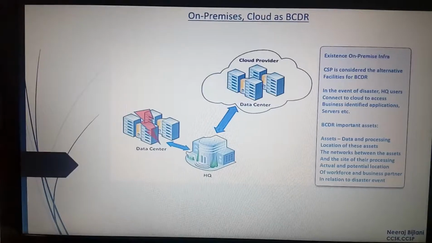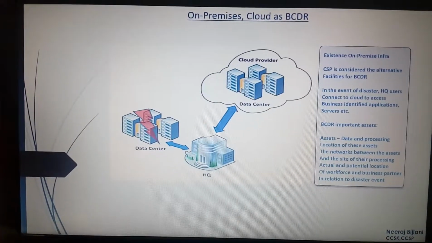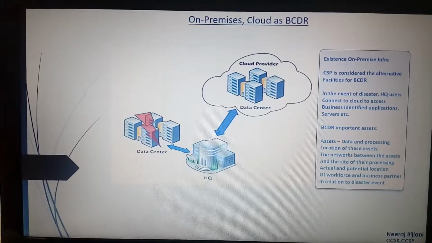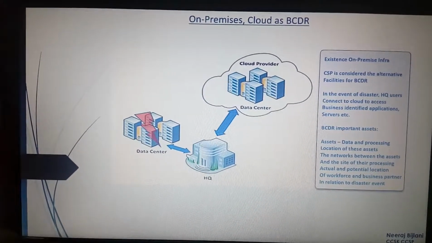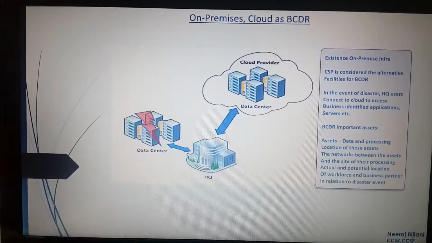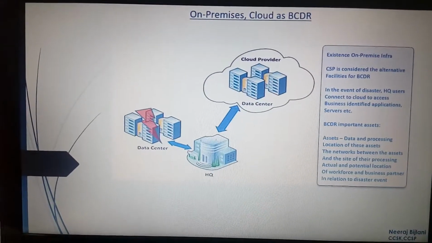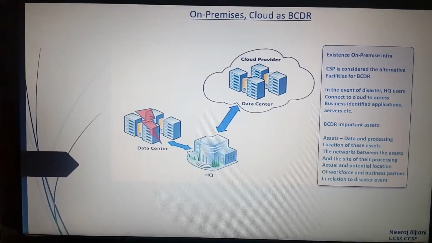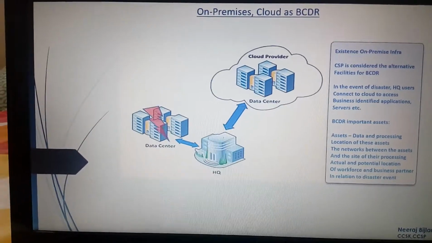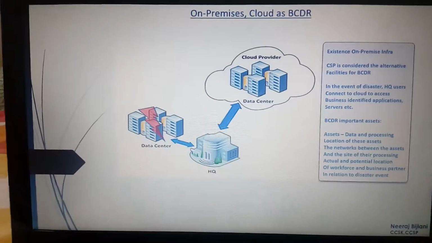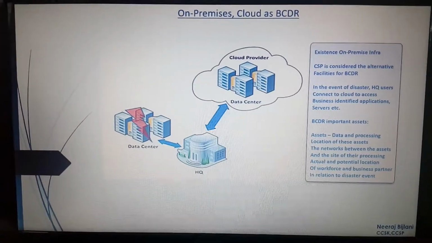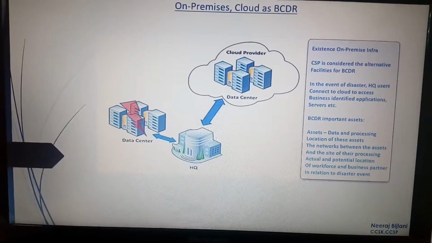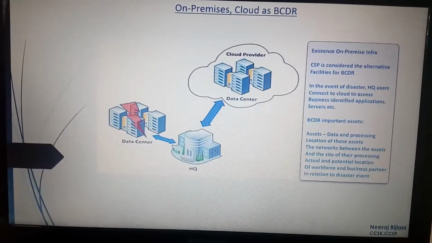This is the first scenario, where most customers are moving to cloud as their BCDR solution. They have to identify the data and the applications they want to move to the cloud, so that in the case of disaster they run the business as usual. This is the first scenario, where on-premise is moving to cloud as a BCDR solution.